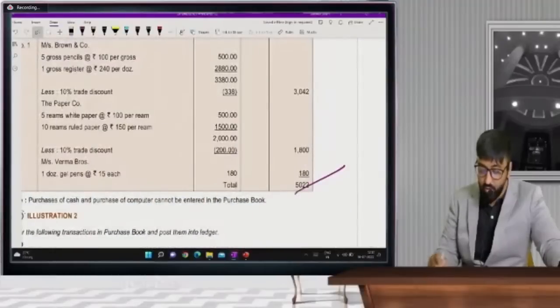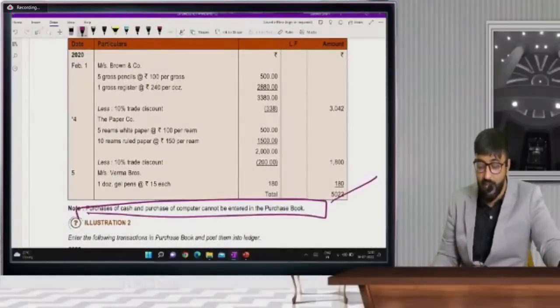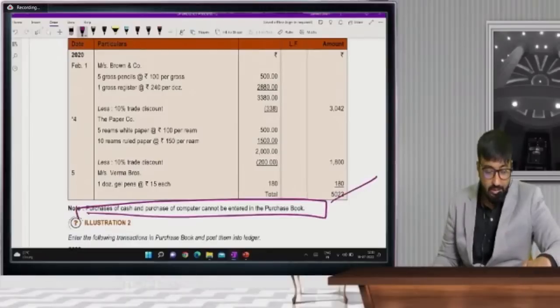Yes, 5022. Purchase for cash and purchase of computer cannot be entered in the purchase book. Only credit transactions of goods. Very easy? Okay.